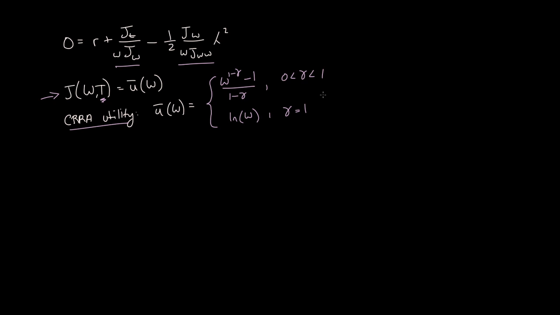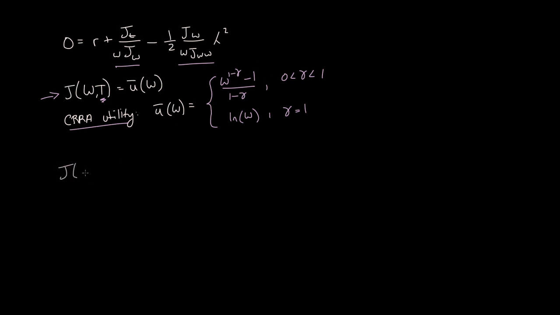I'm choosing this one because this is the one we chose in class. I could certainly imagine a test question where he asks you to do a similar exercise, but with a different utility function. The steps would be exactly the same; you would just get different results. We'll assume that our gamma falls in this top case, so we won't look at the log investor right now.